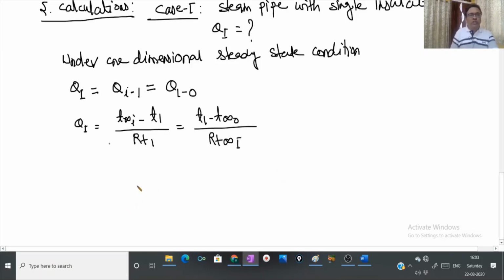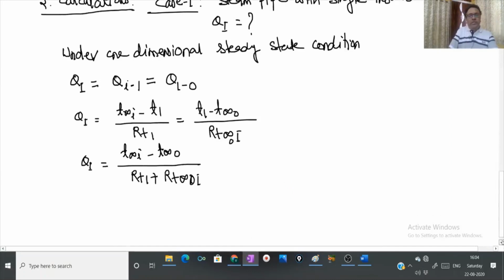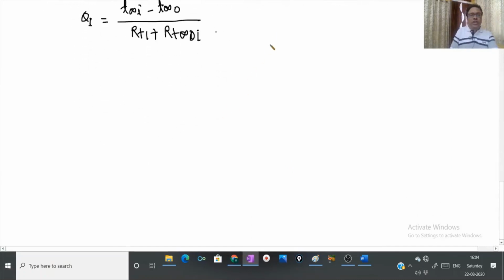Since I don't know the value of T1, I can express Q1 in terms of T infinity I minus T infinity O over (RT1 plus RT infinity O1). Let us say this is equation number 1.